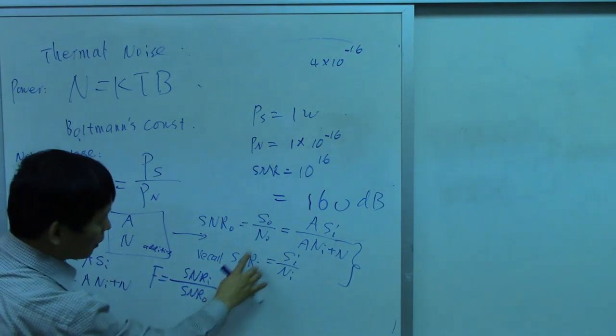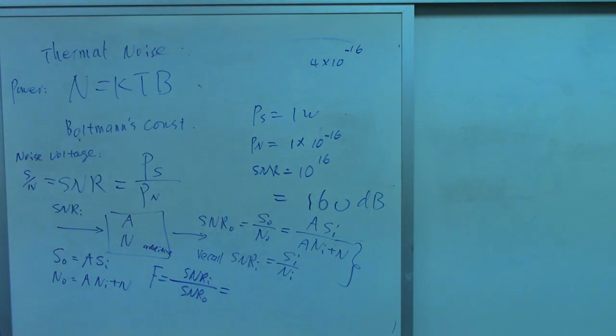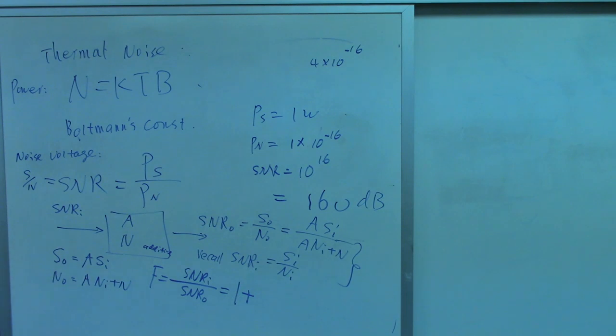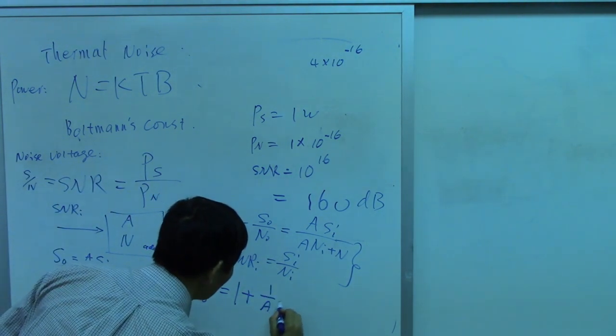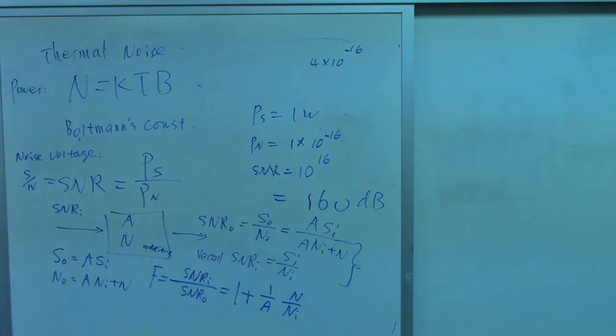That's the definition here. The input signal to noise ratio divided by the output signal to noise ratio. Then we use this, and we find that this ratio equals 1 plus N over A N_i. And we call this the noise factor.